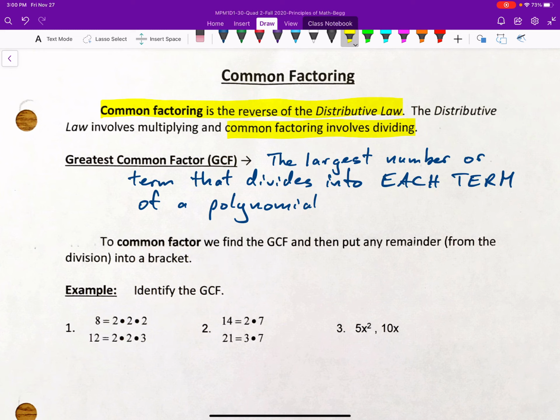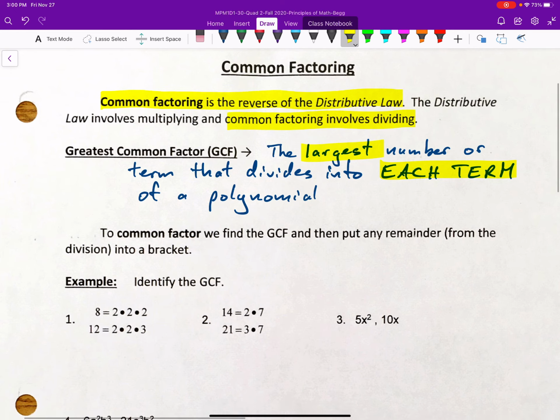So each term, that part's important as well. But it has to be the largest. And if we find the greatest common factor, then that's what we're going to divide everything by, and that's how we begin with common factoring.